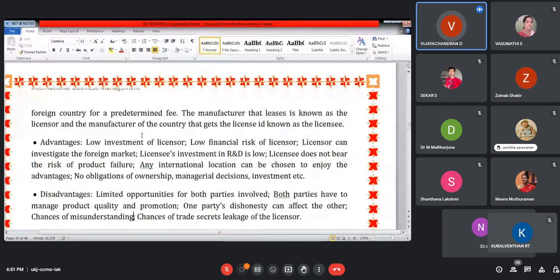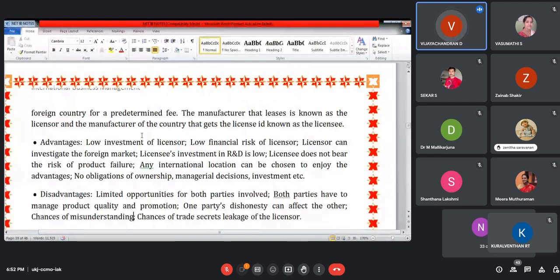So there is no risk of any product failure. Simply, you are giving the right to use the brand, or the right to use the technology, or the right to use the way of production. So that will be positive to the other country.